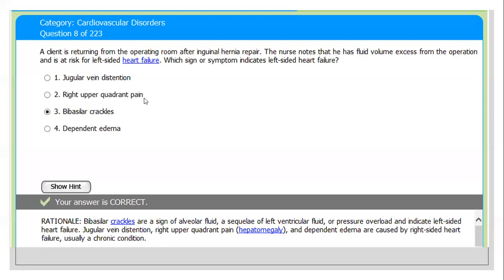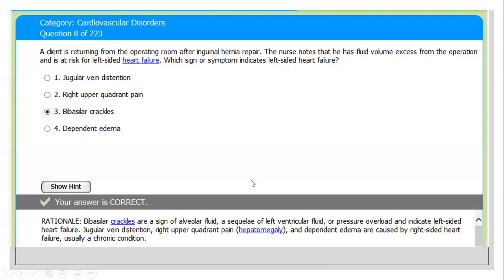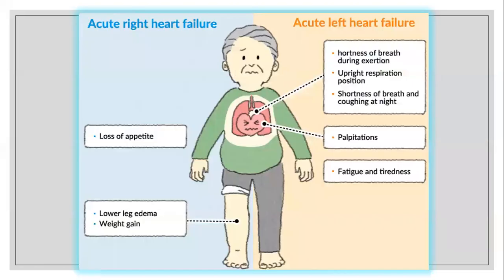Particularly for heart failure, I said the common terminology is heart failure, but we can categorize it as left-sided heart failure and right-sided heart failure. Heart failure is also known as congestive heart failure or congestive cardiac failure. It is a progressive heart disease that affects the pumping action of the heart muscle, and this causes fatigue or shortness of breath.